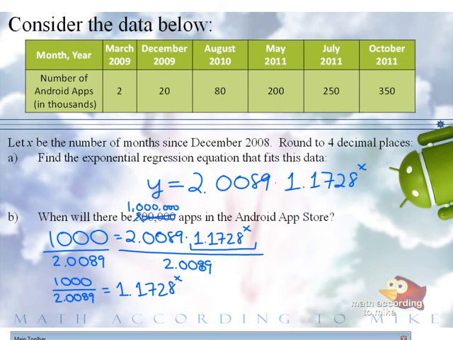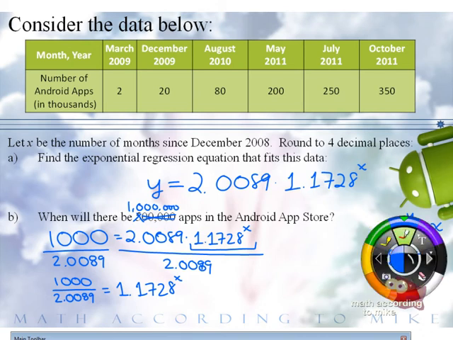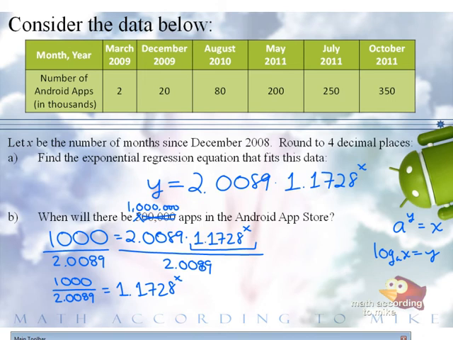Equals 1.1728 raised to the x. All right, so we have something of the form a to the y equals x. So we have to rewrite it as a logarithm, log base a of x equals y. So what's the base of the exponent? What's the base of the log going to be?